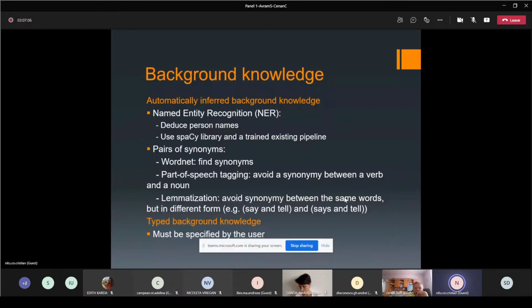Also, we detect pairs of synonyms from puzzles using WordNet. Part of speech tagging is used to avoid a synonymy between a verb and a noun, so basically between two different parts of speech. And lemmatization avoids synonymy between the same words but in different form, like say and tell or says and tell. Typed background knowledge is the one which must be specified by the user.